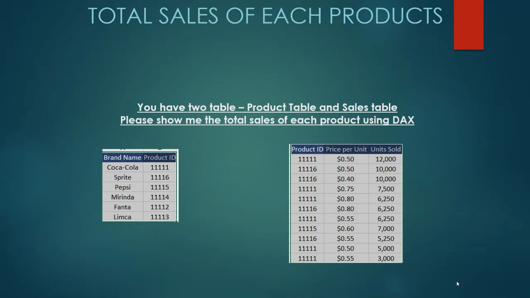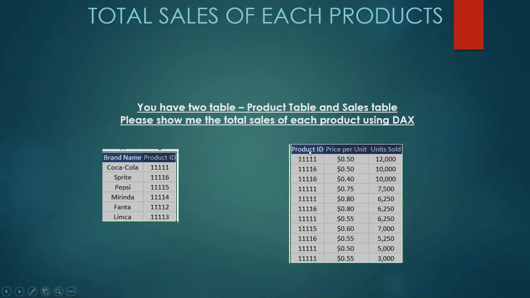So today's topic is about total sales of each product, how to find it. A client has provided two tables, a product table and a sales table. You can see here this is your brand name, and for each brand the product ID is there.